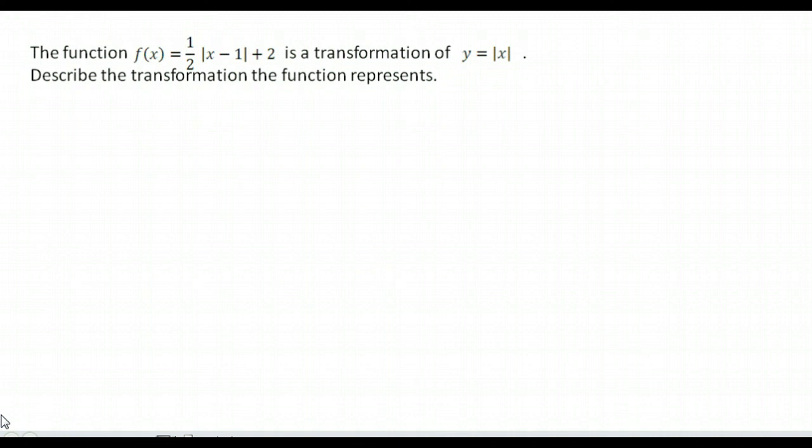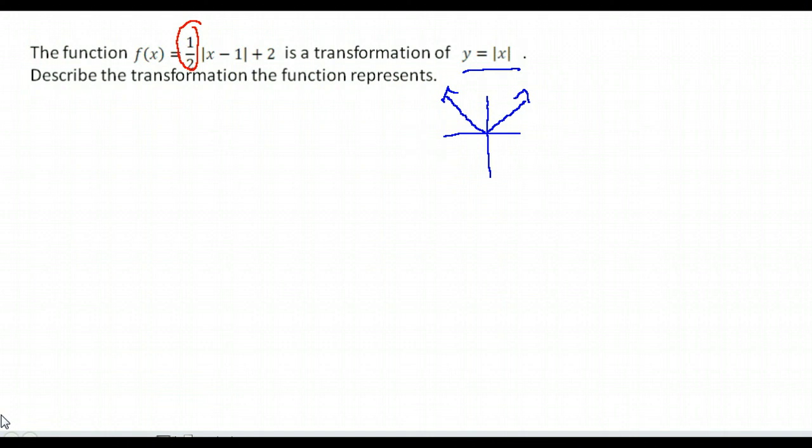All right, here's another. This is a transformation of the function y equals the absolute value of x, which basic function looks like this, basically. That's y equals absolute value of x. This over here on the left, f of x equals 1/2 the absolute value of x minus 1, plus 2, has made some transformations to that graph. So let's talk about what would happen. First of all, I see a positive 1/2 in front.